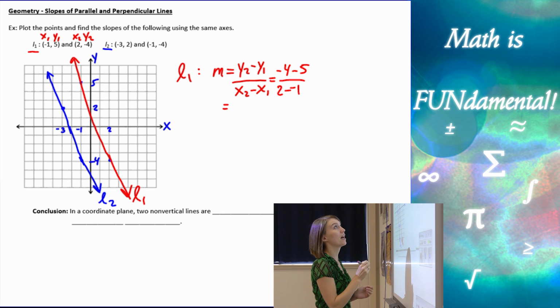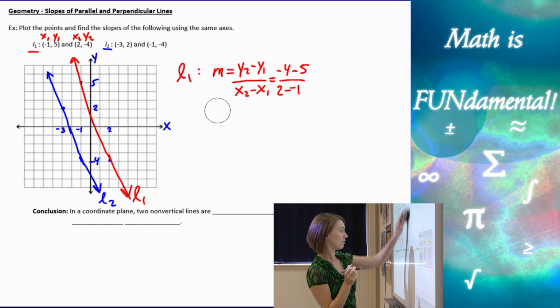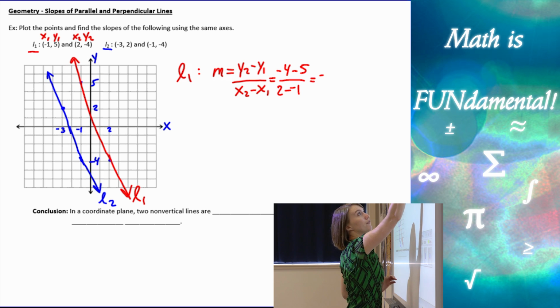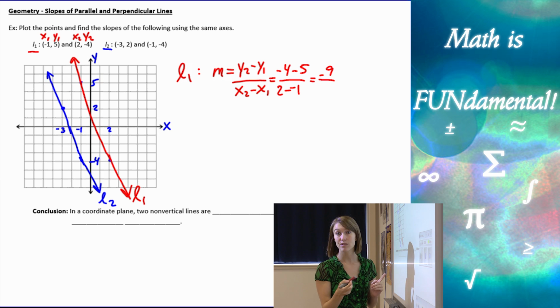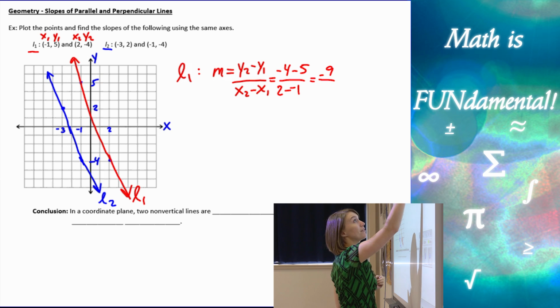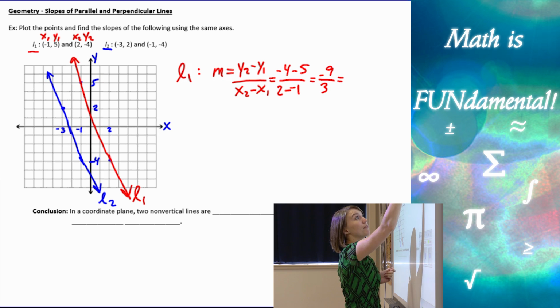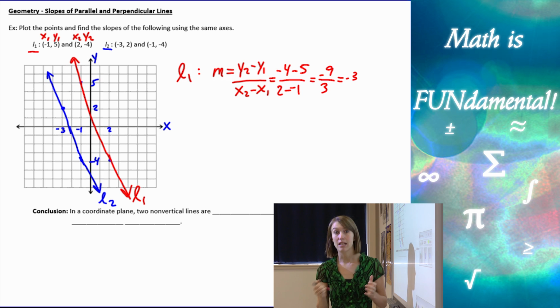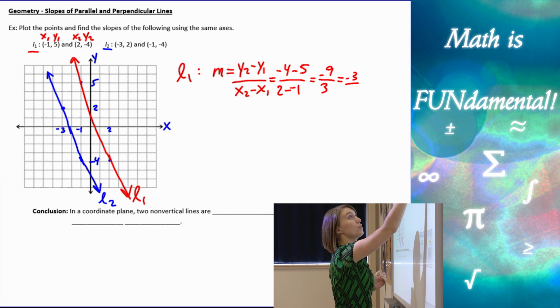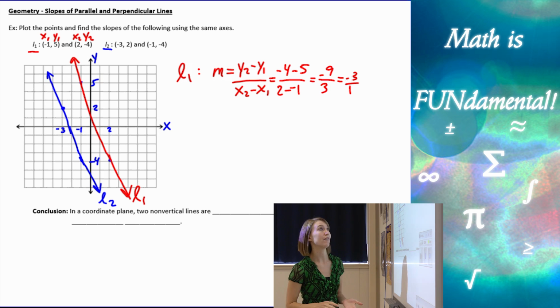Simplifying that, I have -9 over 2 plus 1. Remember, a negative makes a positive, which is 3. And simplify that to -3, or -3 over 1. You can leave the over 1 off; you don't need to have it there.